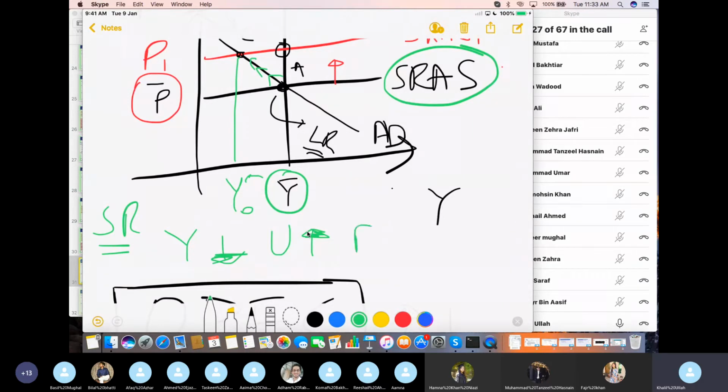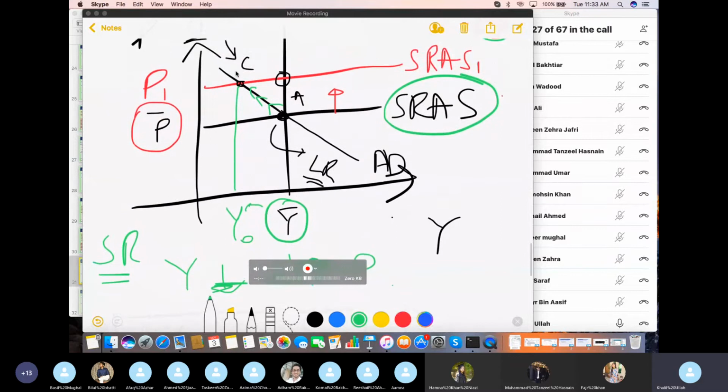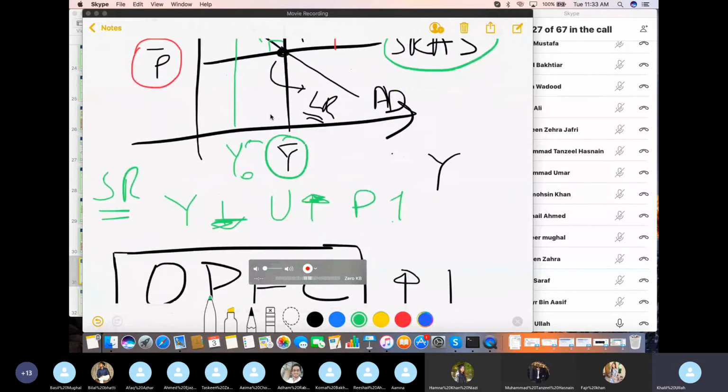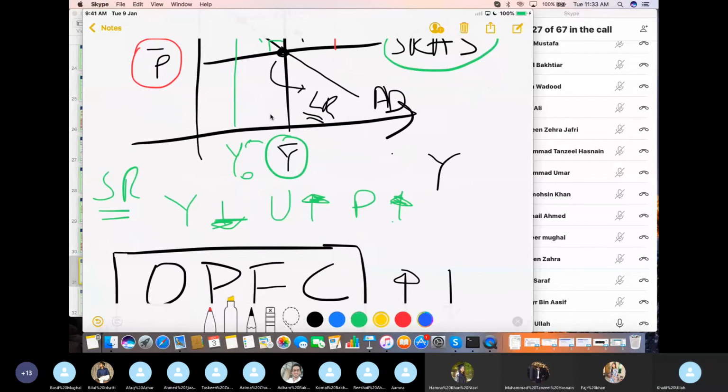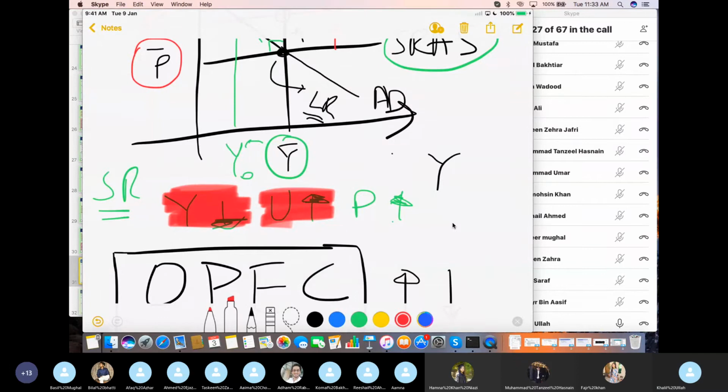And you notice that price levels were initially P bar, but now at point C, price levels are P1. So price levels have also increased. GDP fell, I lost my job, and to top it all up, things started to become more expensive as well.